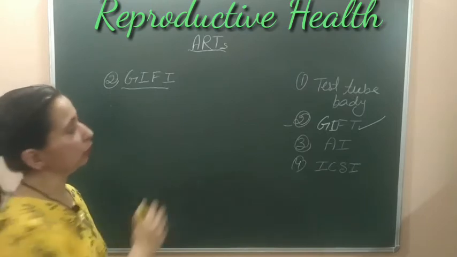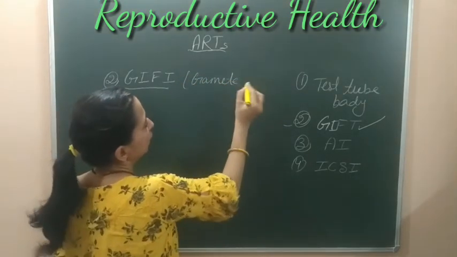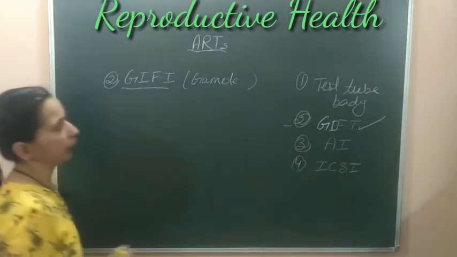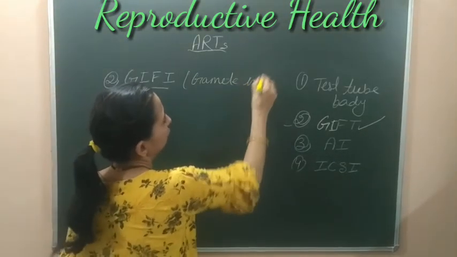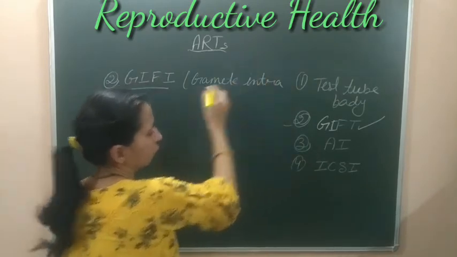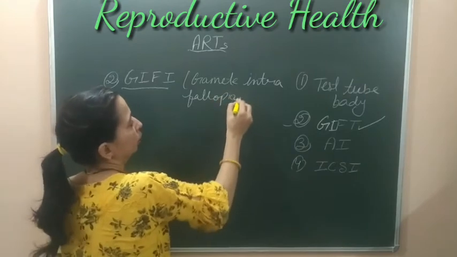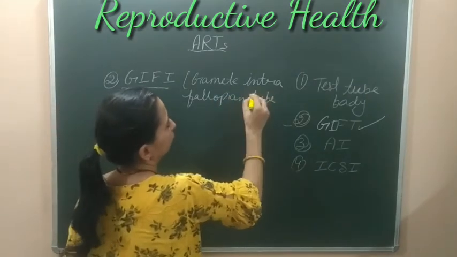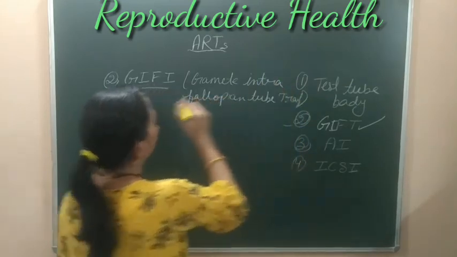This is the technique where the gamete is transferred. The gamete transfer से related है. We can write the full form: gamete intrafallopian tube transfer. So this is the technique where the transfer of the gamete is done.